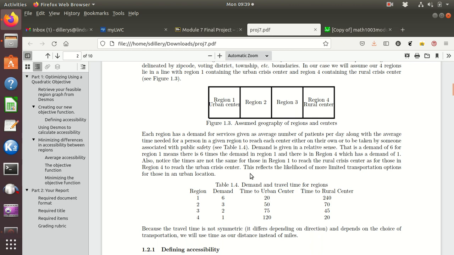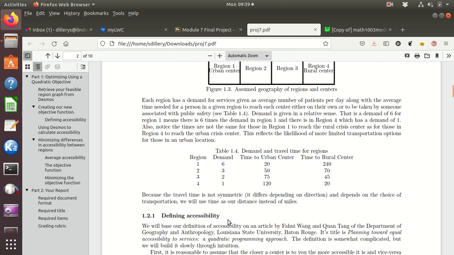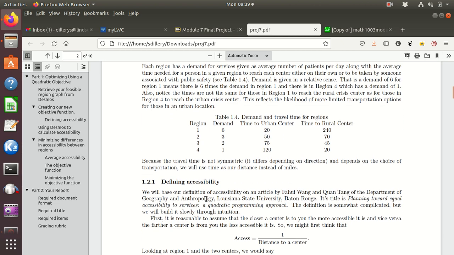Okay, so there are the data we're going to work with. And now what we need to do is define this idea of accessibility. And we're actually using, now I didn't post the paper, it would be pretty tough to read. But it's really based on some people who are looking at these questions.